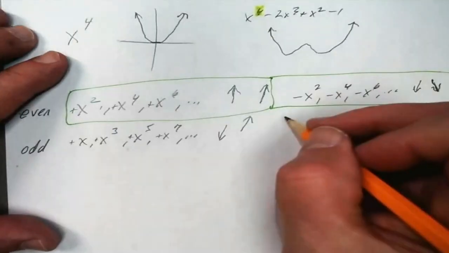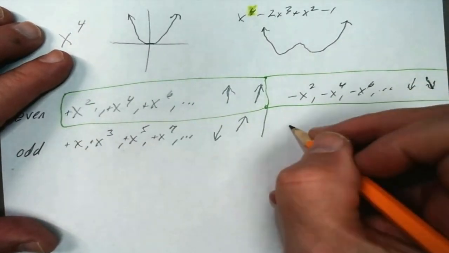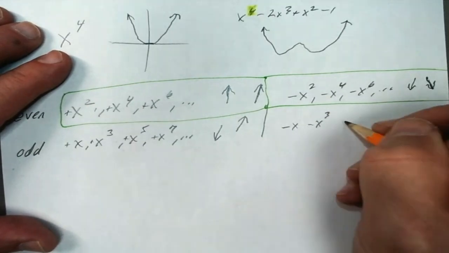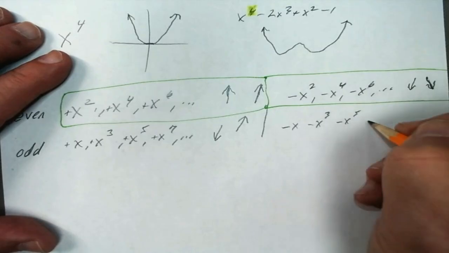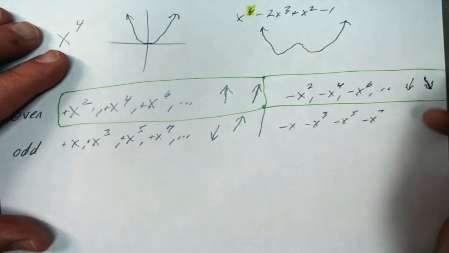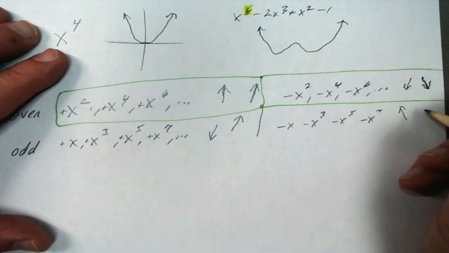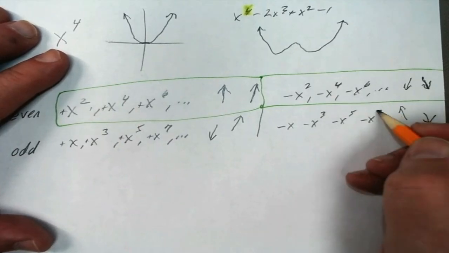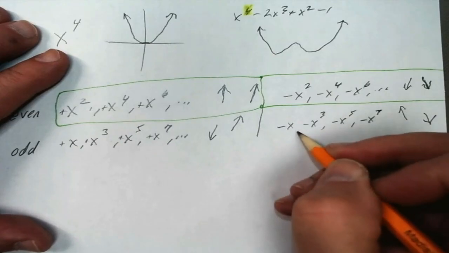Down on the left, up on the right. Whereas in the other case, if it's a negative x to the 3rd, negative x to the 5th, negative x to the 7th, the left side is going to point up and the right side is going to be down. If these are negative.